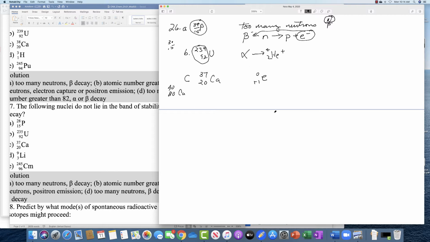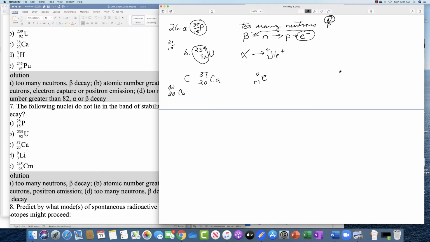Positron emission is observed for nuclides in which the N/P ratio is low. These nuclides are below the band of stability. Positron decay is the conversion of a proton into a neutron to produce the positron.